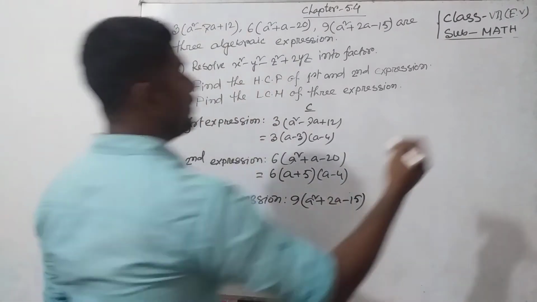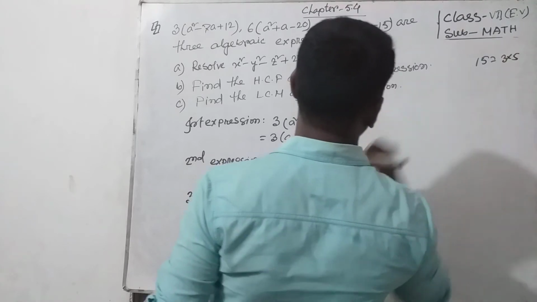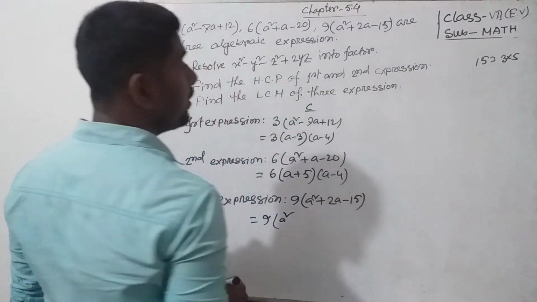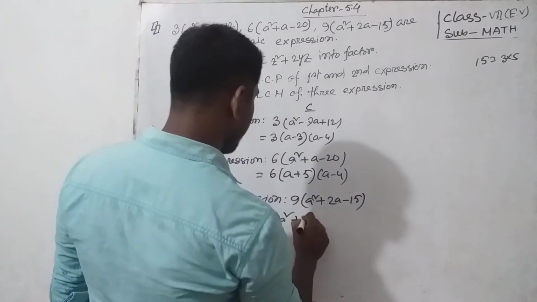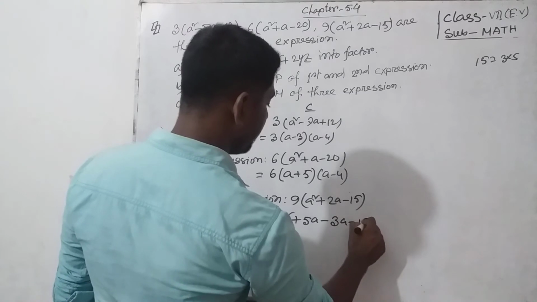We can write 15 equal 3 5 15. So we can write it 9a square plus 5a, plus 5a minus 3a minus 15.